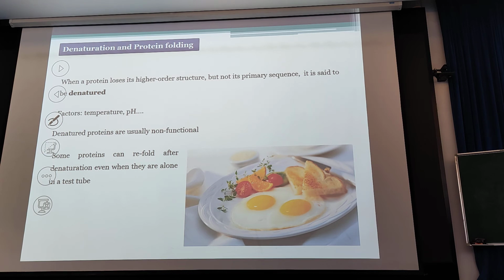So here is one example of a denatured protein. You know the white part of the eggs? It is in liquid form, but when we heat it, it changes into solid form because of the albumin.